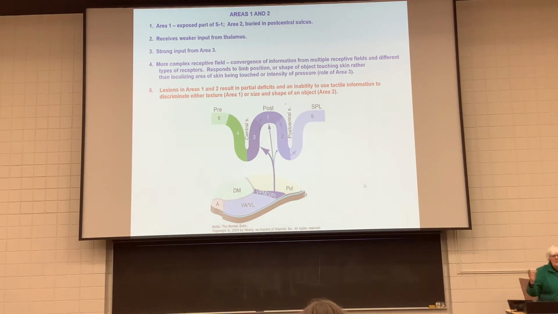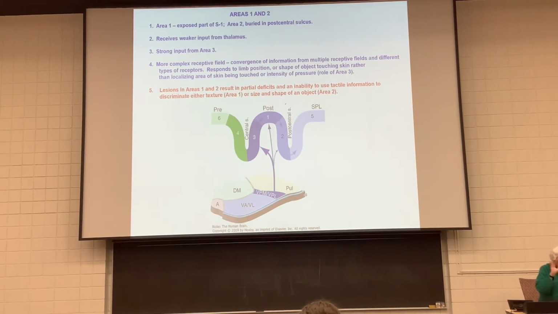So now, how do I get information from more than one area to converge on populations of cells? Okay, so we're going to see in the next slide, these areas have much more complex representations of the receptive fields. We get convergence from multiple areas and from different types of receptors. We're not going to have this specificity.